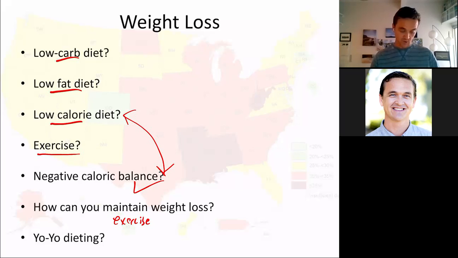Okay, there's a lot more we can talk about with this, but that's just a brief thing. One of the problems with people who are constantly dieting and trying these new diets, losing weight, gaining it back, losing weight, gaining it back, that's called yo-yo dieting, right? You're going up and down like the yo-yo does, okay? The problem with that is there's pretty solid evidence to show that it's really negative for your health.